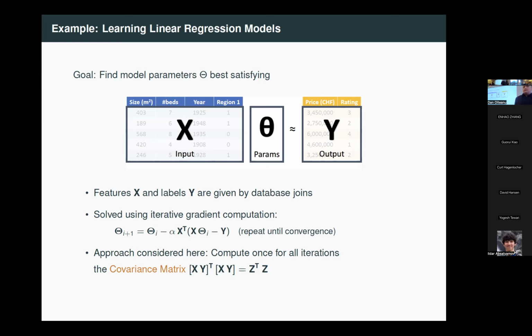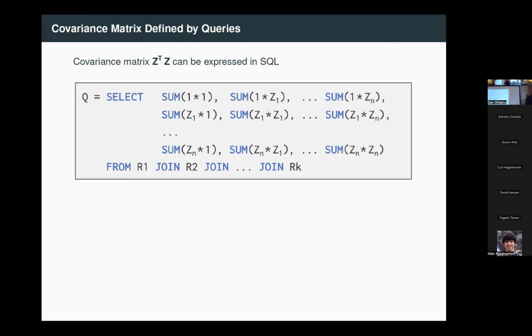So Z transpose Z. What is this Z transpose Z? You take a column in the result of the join, and you do a dot product with any other column. The columns represent the features.